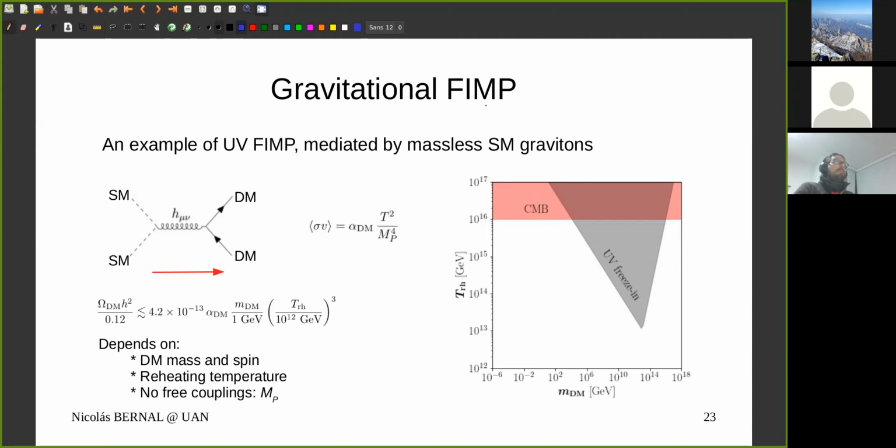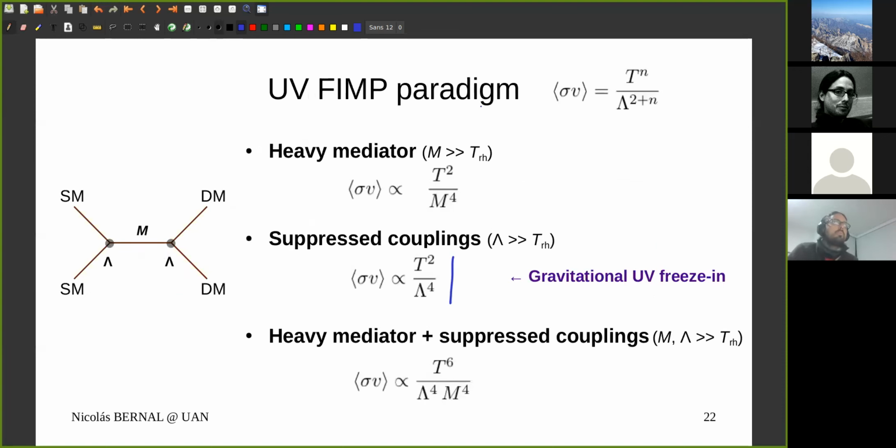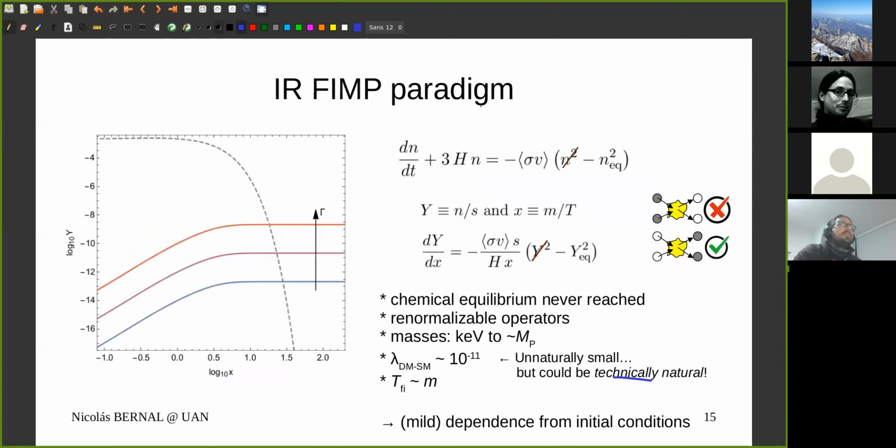Hello, I have a question. Yes, sure, please. How does the annihilation cross section depend on the temperature in the IR FIMP case? Yes, here it is not that simple. Here you have to do exactly the same as in the WIMP case. You have to compute the cross section as a function of the center of mass energy and make the thermal average, and you will have a complicated dependence on the temperature.